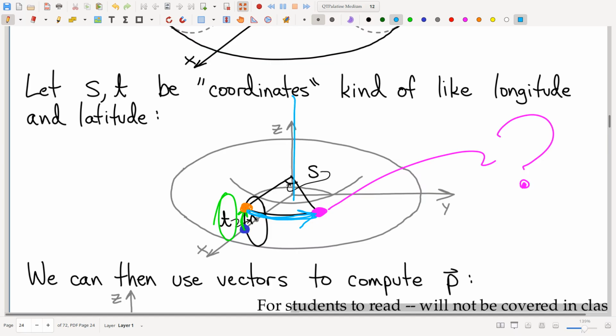You might say around the z-axis. It's going to feel like you're rotating around the hole by some other angle, and we'll call that S. And if you give me a fixed reference point, and if you give me numbers S and T, boom, I know exactly what purple point you're talking about.